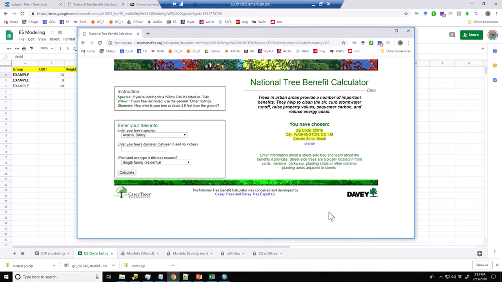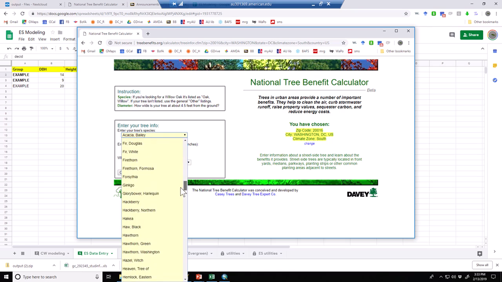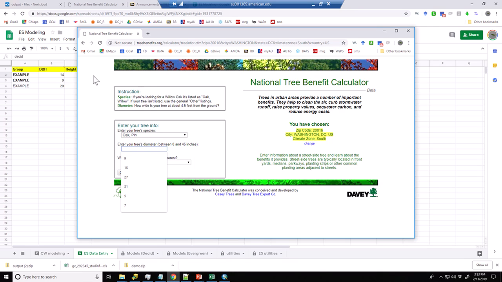So we need to enter in a species. And so my first tree is deciduous. And so I'm going to enter in oak pin as my example. And my DBH or diameter was 20. I'm not going to worry about this, we can just leave that the same. Calculate.